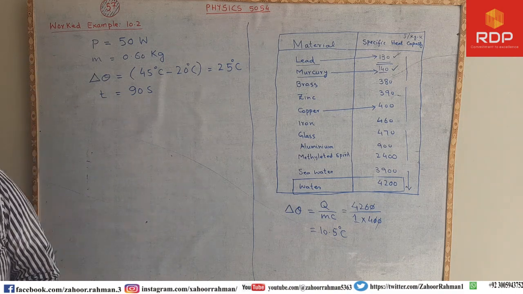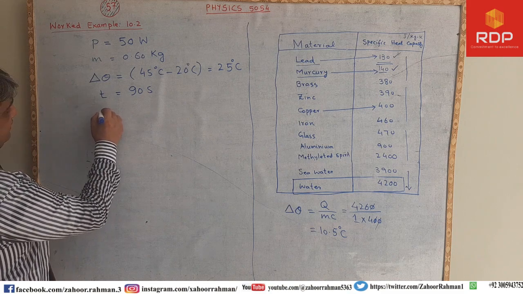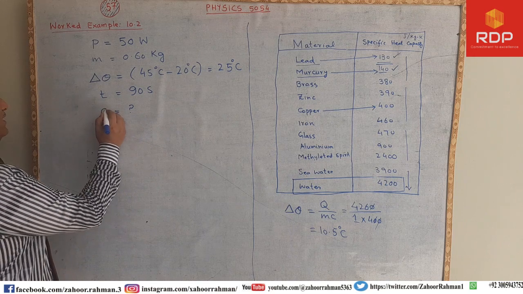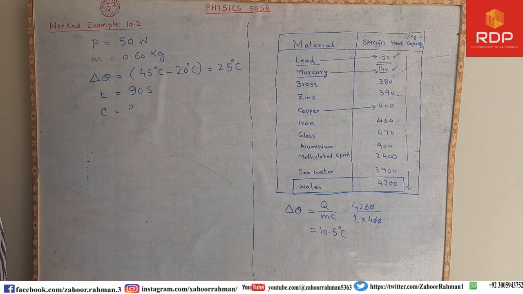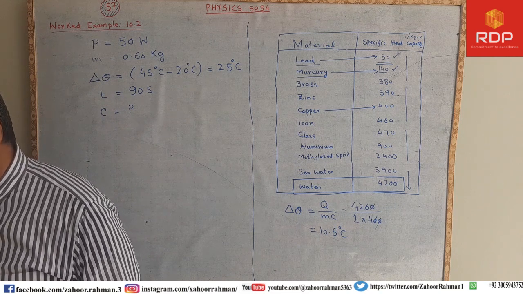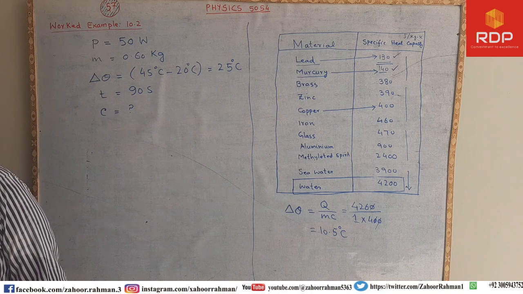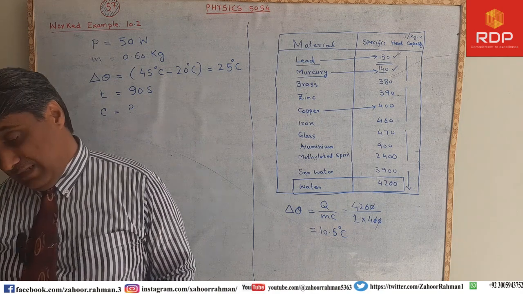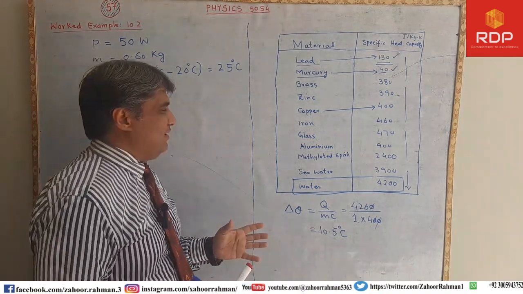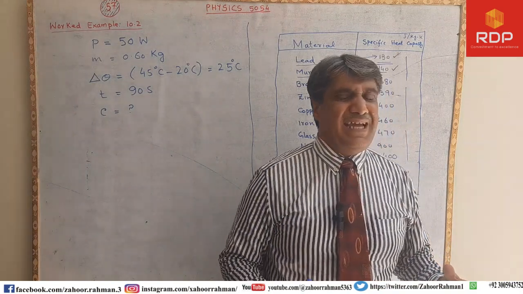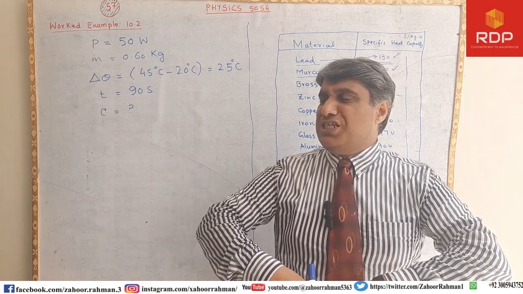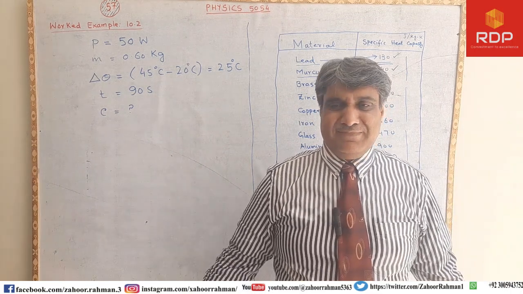Calculate the specific heat capacity of the metal. I am writing small c. Specific heat capacity of the metal. Okay, one final question. What assumption did you make to arrive at your answer? First of all, the assumption we will make is that the heat doesn't go to the surrounding.